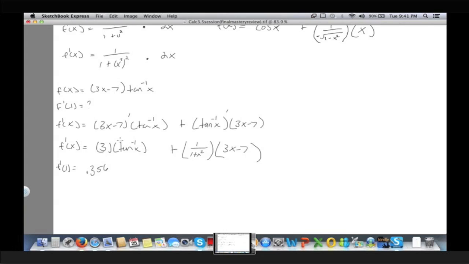This was a good combination of the inverse trig derivative and the product rule. So you got that right.